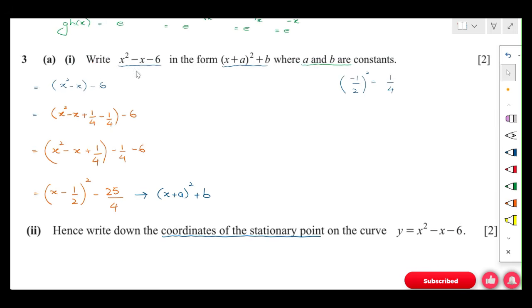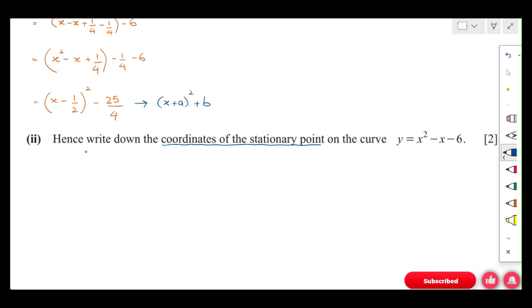So you have done this curve and it is written in this form. We can write this curve y equals x square minus x minus 6 in the form y equals x minus 1 by 2 whole square minus 25 divided by 4. So this is the vertex form.